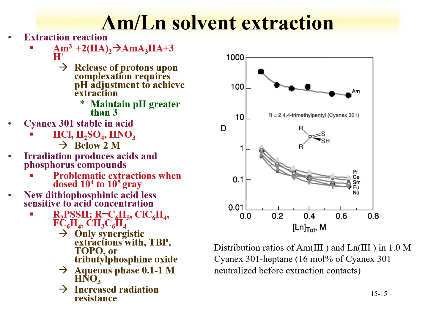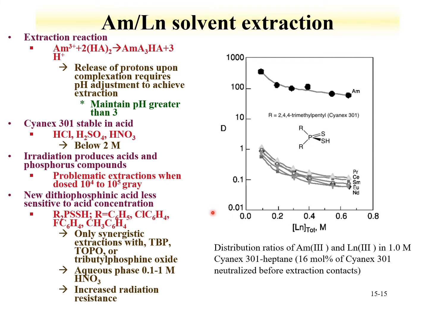Other separations have included separations of americium from the lanthanides with an extraction reaction. An example that's shown here is with Cyanex 301. This compound is shown here. This ligand is stable in acid.